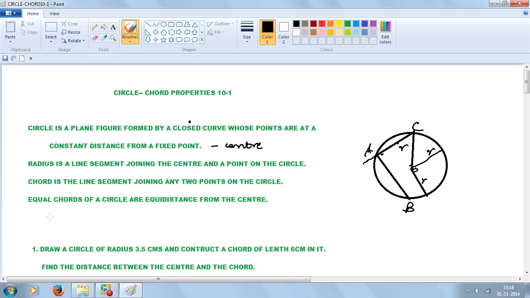So what is the theorem we have seen earlier? Equal chords of a circle are equidistant from the center. So how do we prove this? Let us take an example.